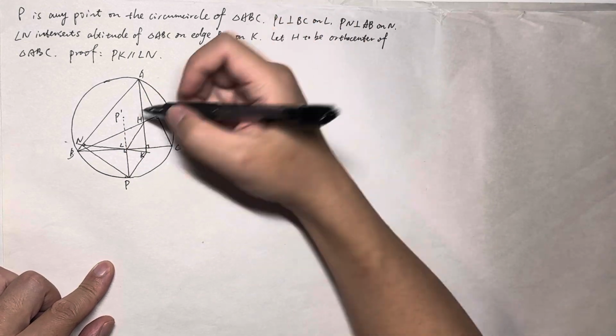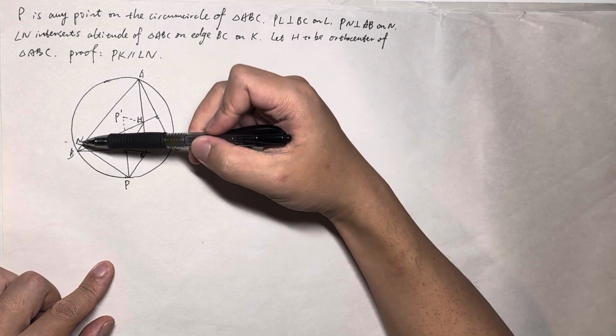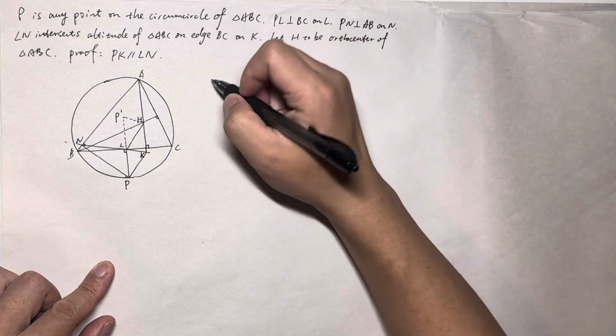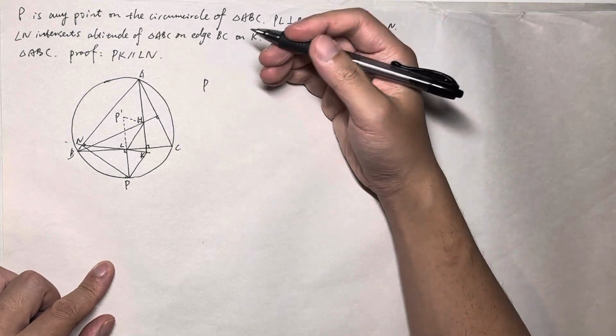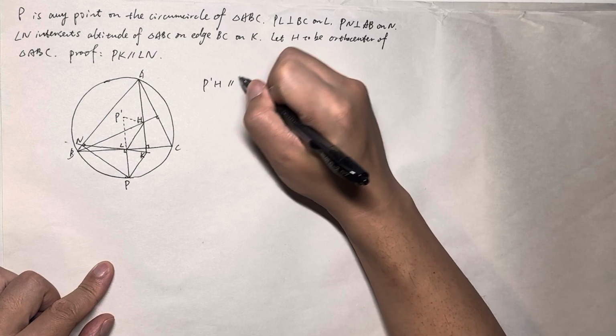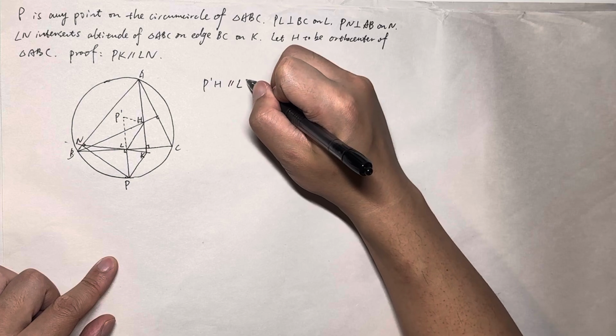And in yesterday's problem, we proved that P prime H is parallel to the Simson line, right? So we can just use it for this problem. P prime H is parallel to the Simson line, that is LK, right?